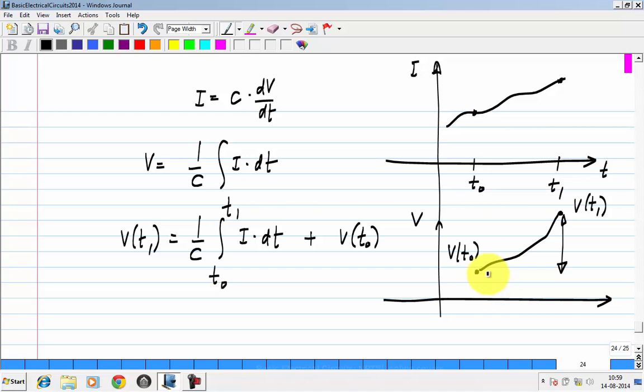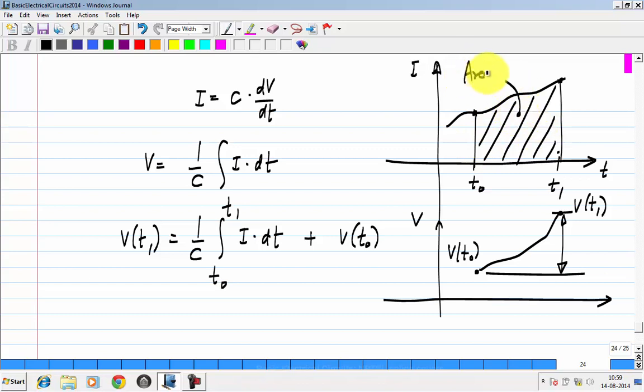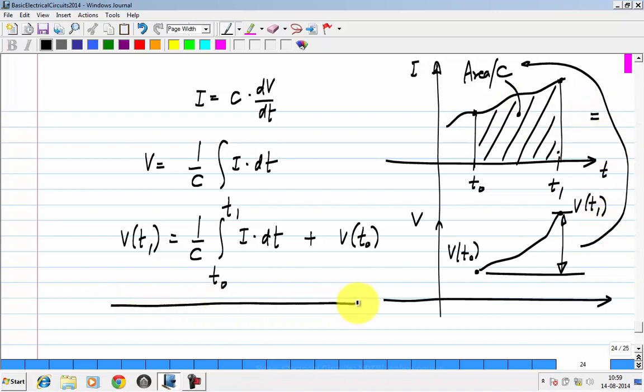This increase, V of T1 minus V of T0, is given by the area under the current curve divided by C. So, that is what this is saying.